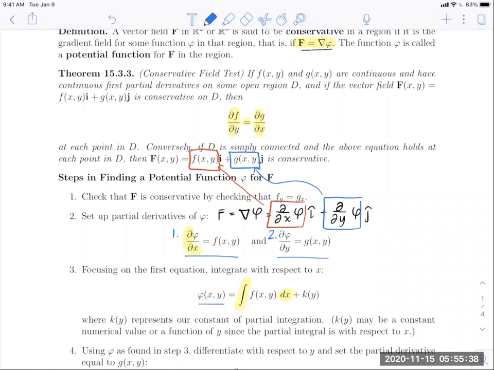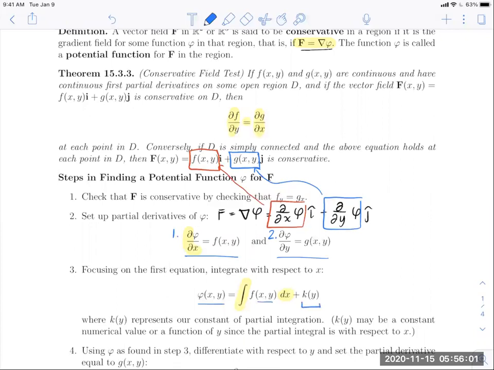Now, you'll notice this extra piece here on the back. Normally, when we're integrating a single variable integral, we tack on a plus c for our constant of integration. However, I want to emphasize that this is not a single variable integral now. This is a multivariable integral, and we're only integrating with respect to one of those variables.